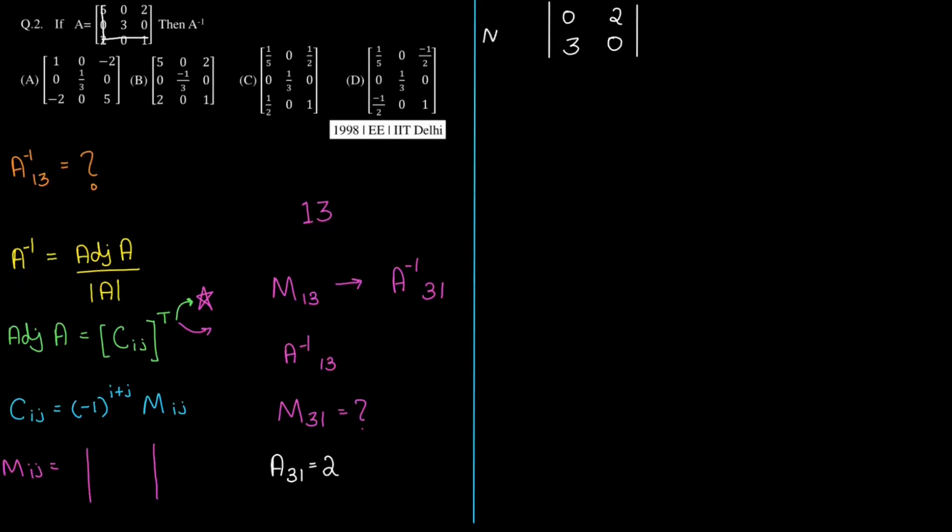This will be our minor. On calculating this, we have our answer as -6. Now coming to the cofactor, it is (-1) power 3 plus 1, C31, that is (-1) power 4 into -6. That should give us -6 as the answer.